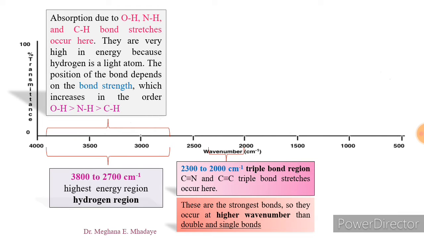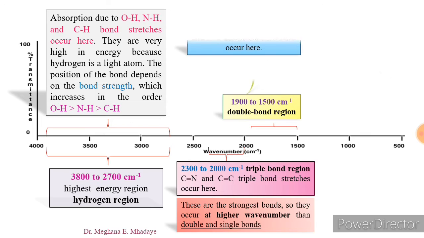2300 to 2000 cm inverse is the triple bond region. Carbon nitrogen and carbon carbon triple bond stretches occur here. These are the strongest bonds, so they occur at higher wave number than double and single bonds. 1900 to 1500 cm inverse is double bond region.